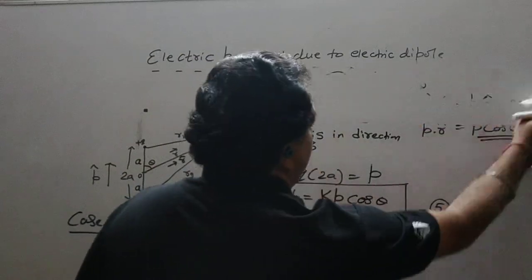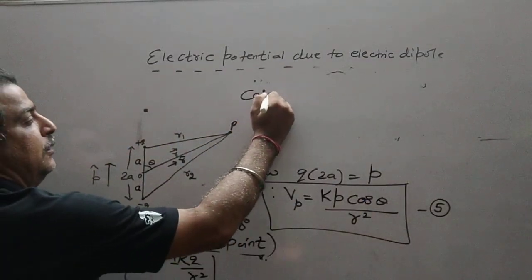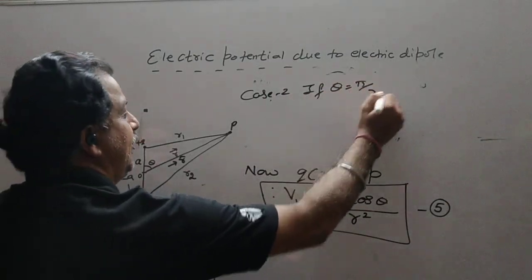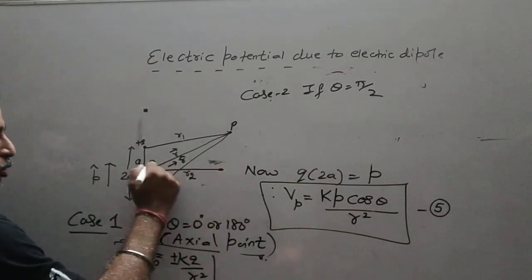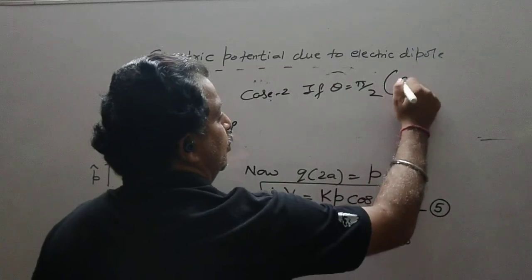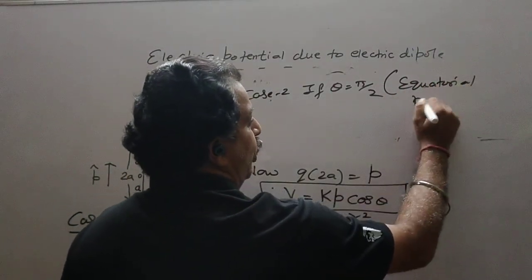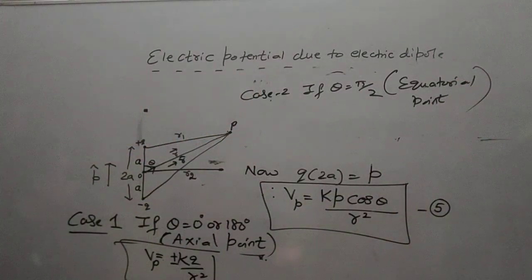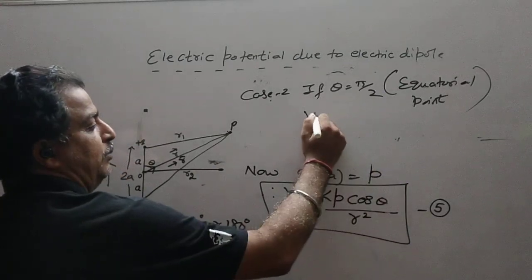Now, if I take the second case, case 2, if theta is pi by 2, that is 90 degree, point P is here at this point. So it is an equatorial point. Like we had the electric field at axial and equatorial points, when theta is 90, cos theta becomes 0.